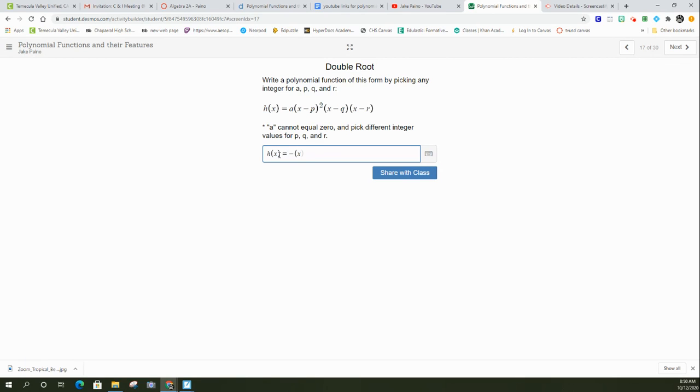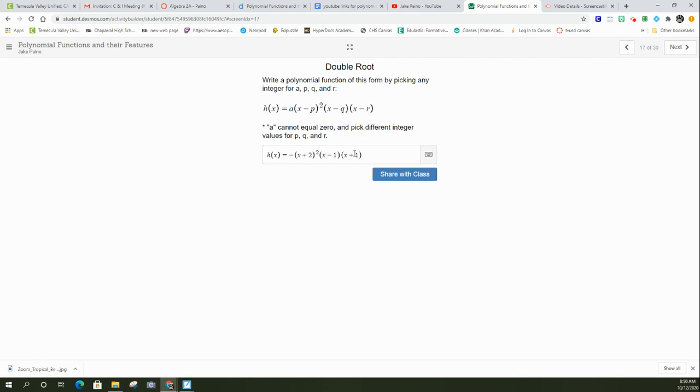Let's go x plus 2 squared, x minus 1, and x plus 1. And we're going to want to copy and paste that into the next one. I'm anticipating that there's going to be an x-intercept at -1, at +1, and at -2.